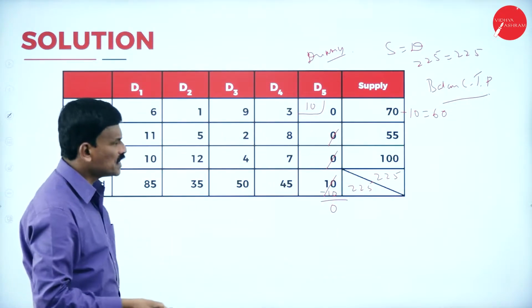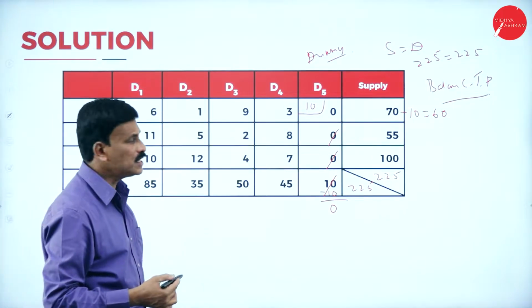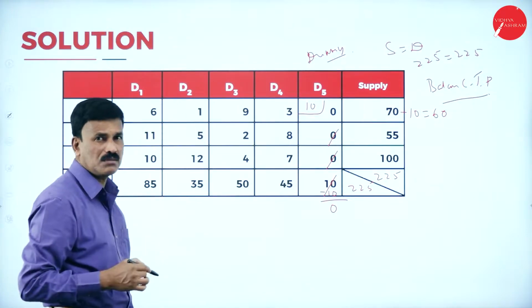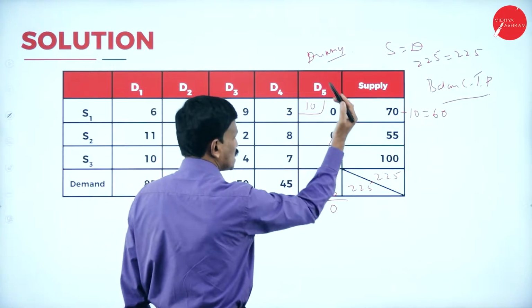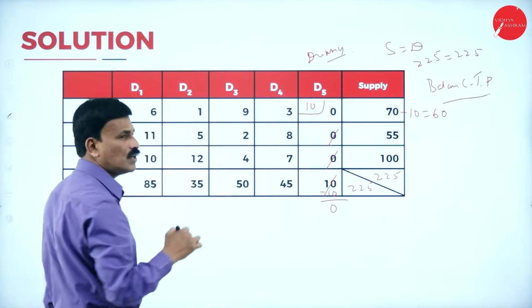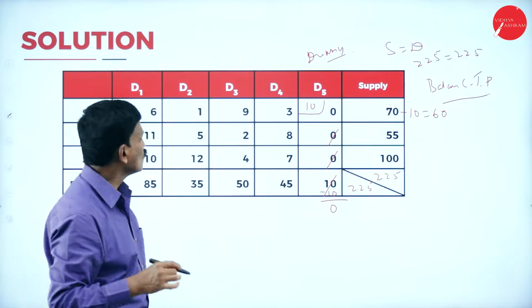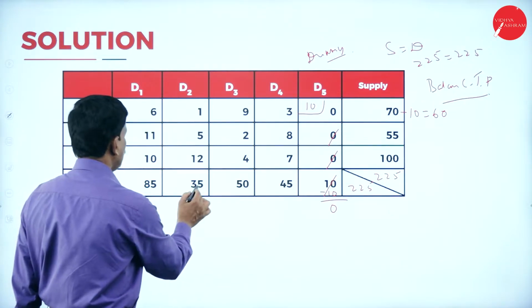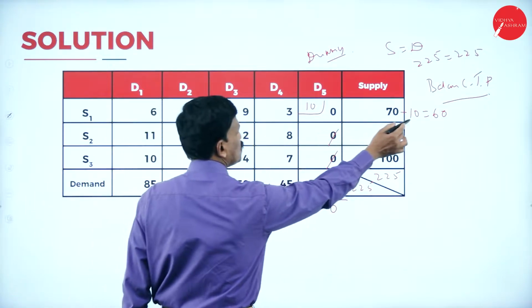Now next, select the next least element. Which is the next least element in the table? 1 is the next least element, because here all the zeros get cancelled and what is left over is 1. Now just identify the supply and the demand. Here the demand is 35 and the supply is equal to 60.